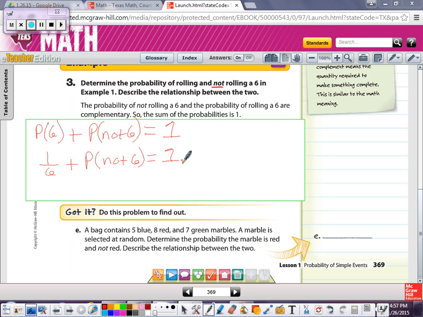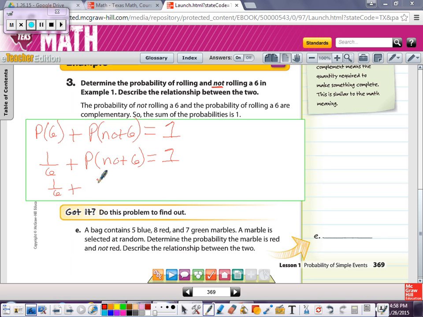So now, we have 1/6 is our probability of 6. So if we're rolling a dice and our total possible outcomes is 6, and we want 1 favorable outcome, how many of them are not favorable, or how many of them are not what we don't want?